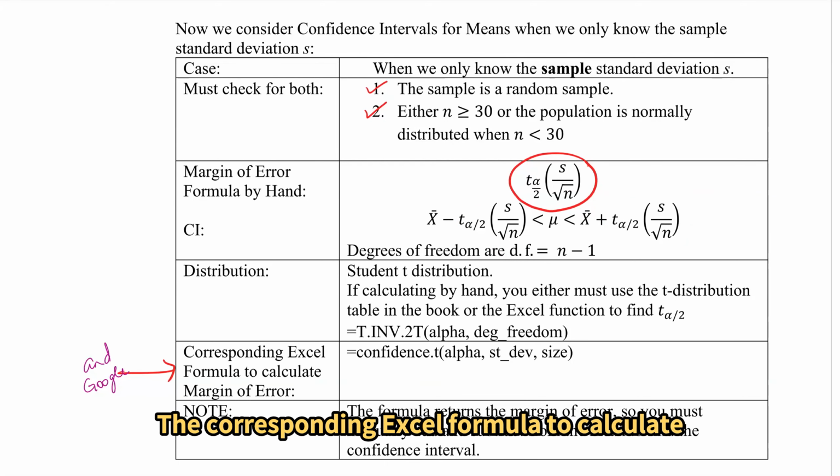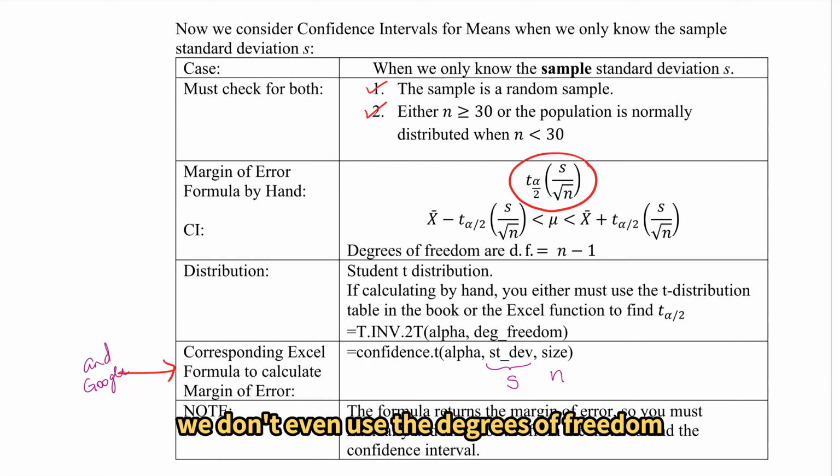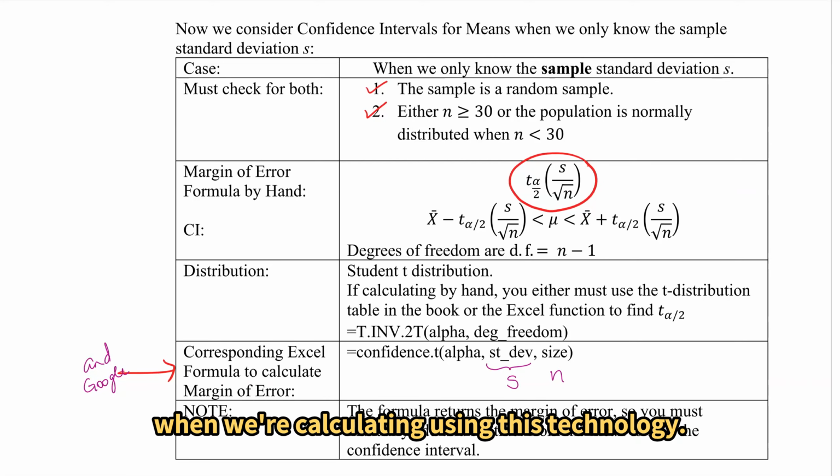The corresponding Excel formula to calculate the margin of error is also the same as Google. So CONFIDENCE.T, our alpha, which is 1 minus our confidence level, our sample standard deviation s, and then size is just n. So we don't even use the degrees of freedom when we're calculating using this technology.